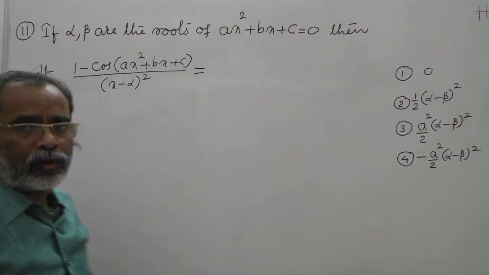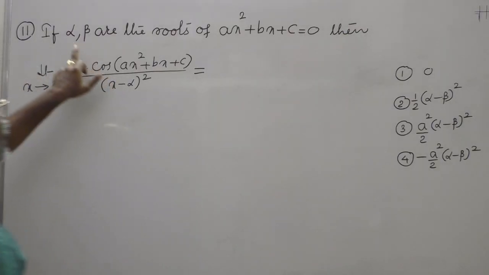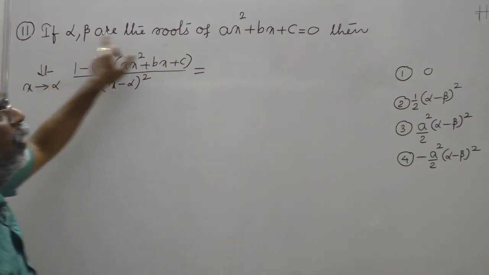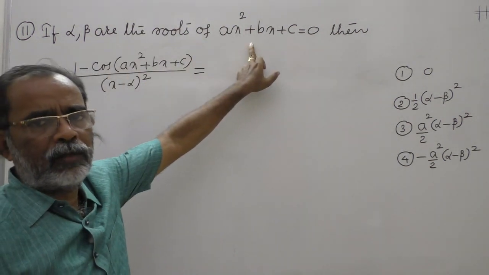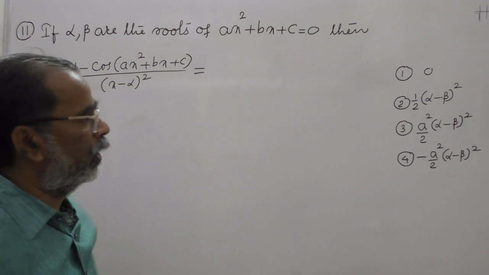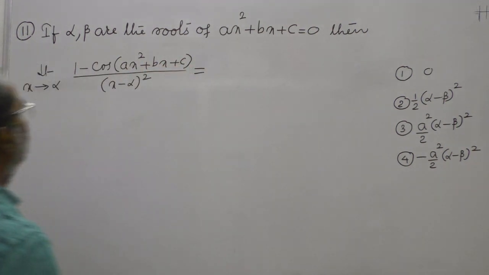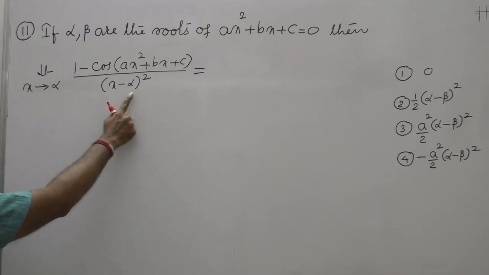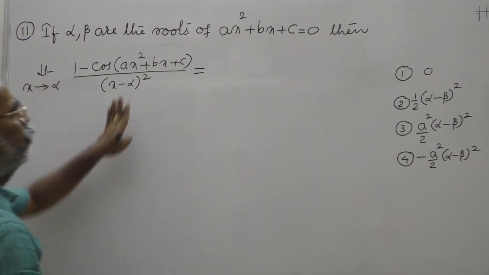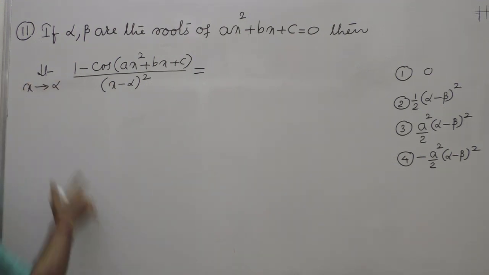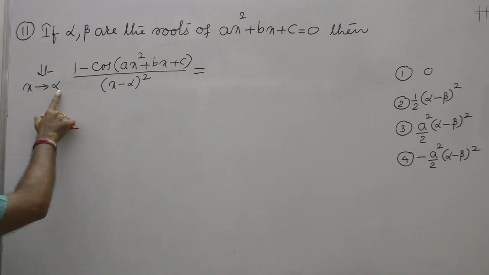Yes. Next question. Here given that alpha and beta are roots of this quadratic equation. Okay. Root means they will be satisfying that. Then what is the limit value of this? So we will begin with this. Here x is tending to alpha.